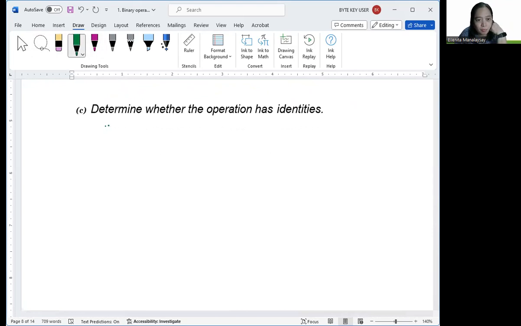Such that A star the identity, which is equal to the identity star A, which is equal to A. A star identity. Okay? If we apply the operation, this is A plus 3E minus 1.